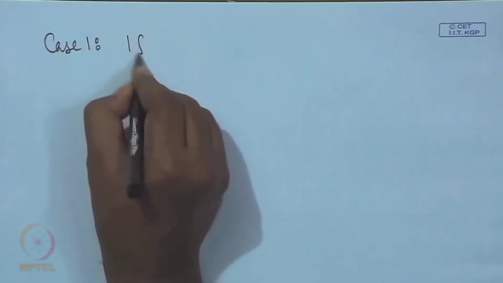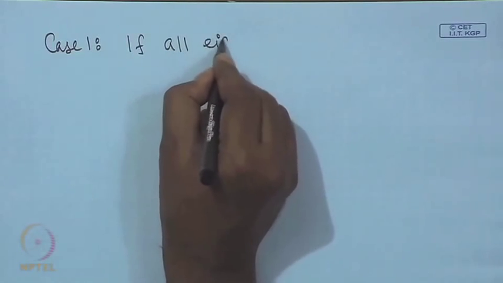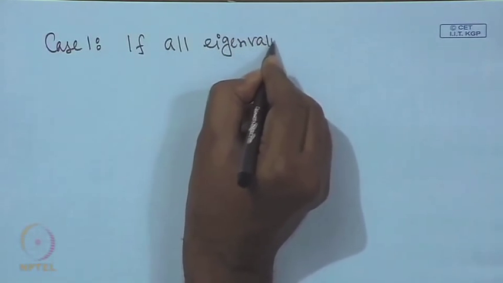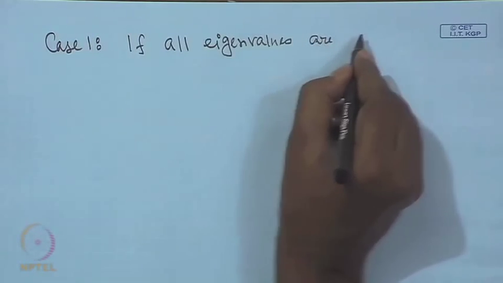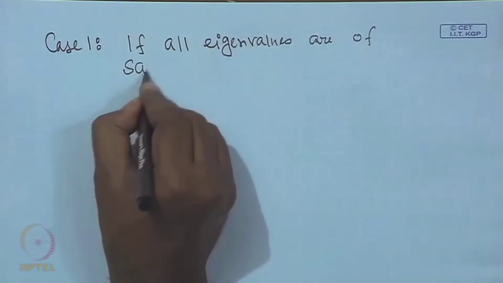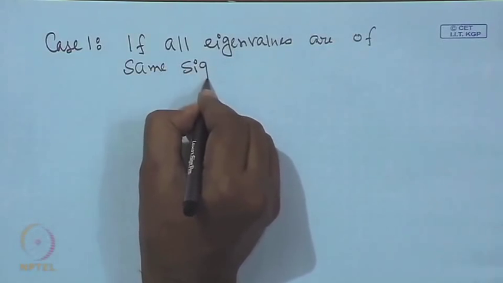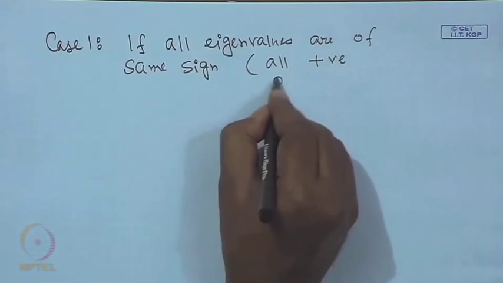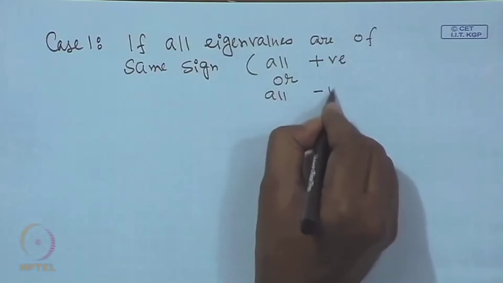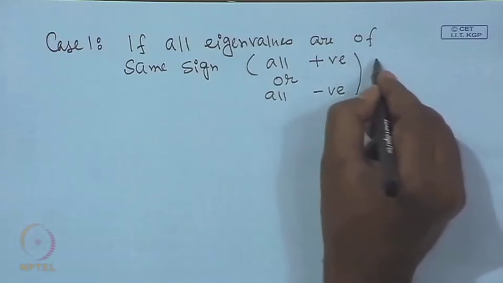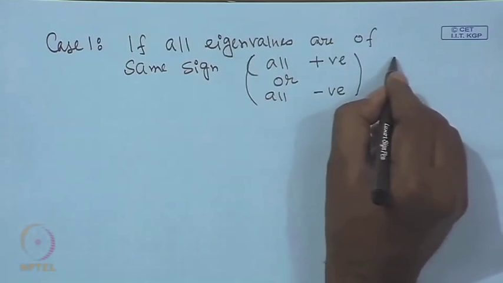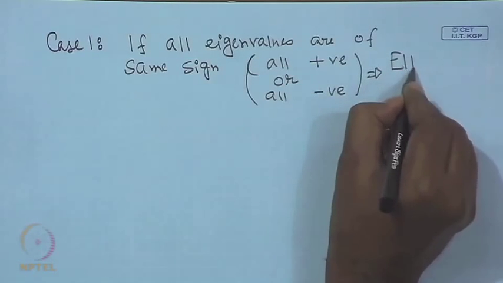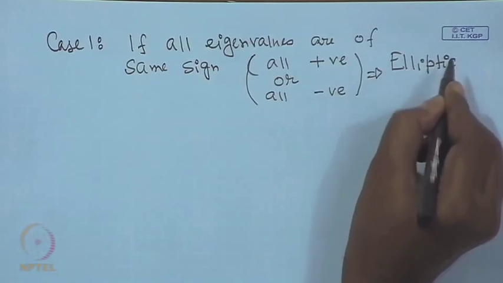For example, case 1, the first case: if all eigenvalues are of the same sign, all may be positive or all may be negative, then this partial differential equation is called an elliptic PDE.